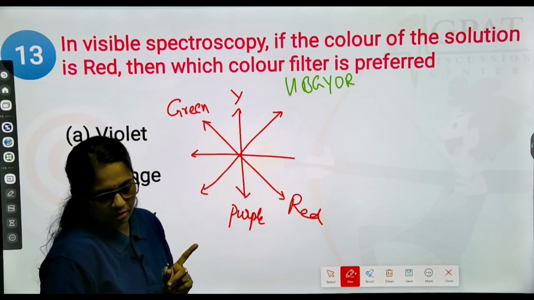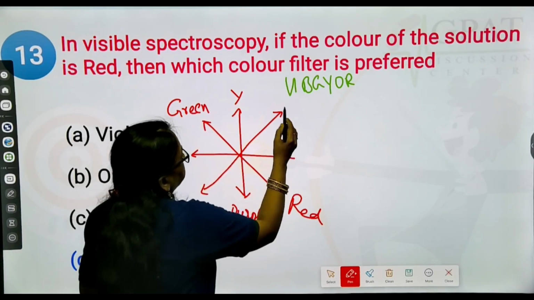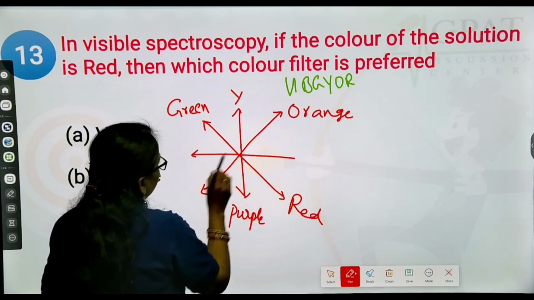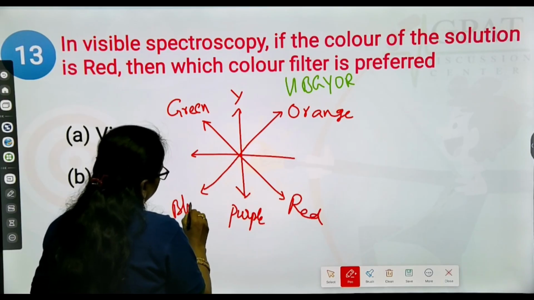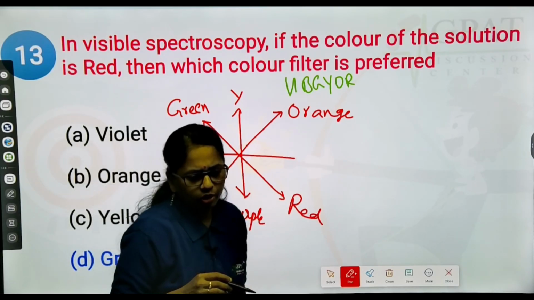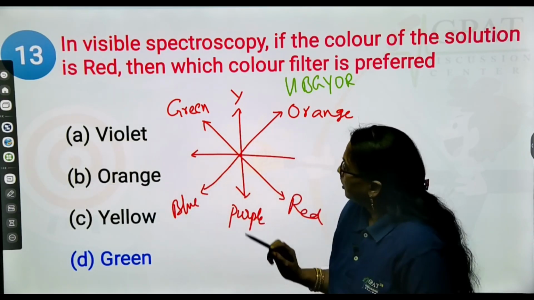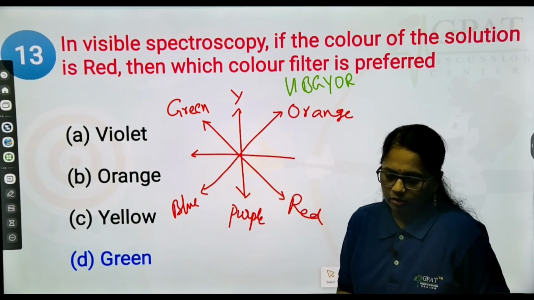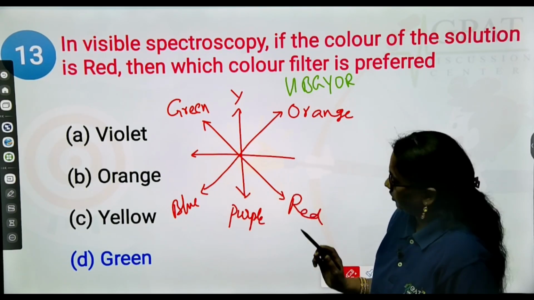If the primary color is orange, the complementary color is blue. Blue, indigo, all these come in the same way. If you remember these four, it will be easy for you.